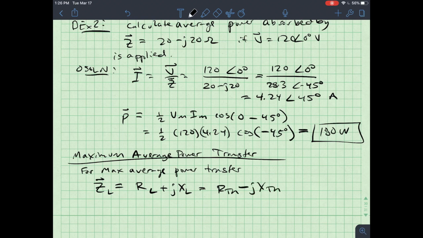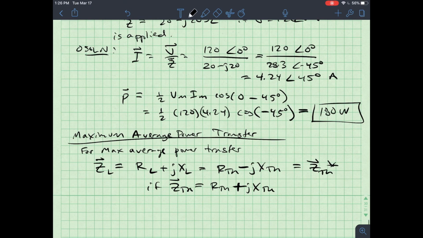This is Z Thevenin complex conjugate if my Z Thevenin is R Thevenin plus jX Thevenin. I'm just taking the complex conjugate of Z Thevenin. So I want that to be the true value. And so when that happens, P max is equal to the magnitude of V Thevenin squared over 8R Thevenin.